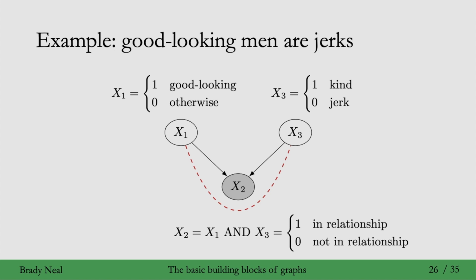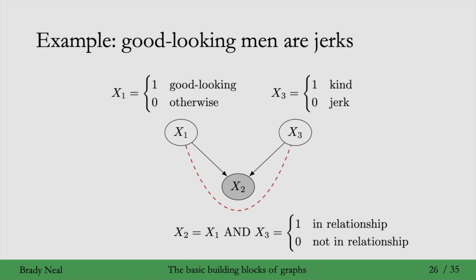So when you condition on men who are not in a relationship, if this is the generative process of the data, that means that all men who are both good looking and kind are in a relationship. So you are not looking at those men when you're conditioning on not in a relationship. And you're looking at the remaining men.